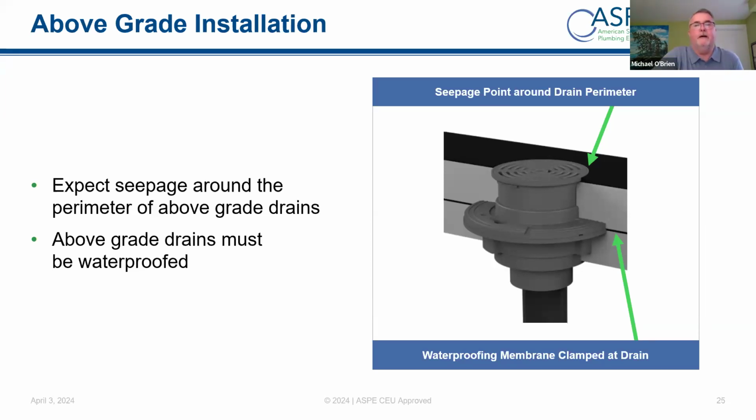If we look here at the drawing, we have a drain that's set in a floor. We have a top coating, we have the concrete, and then this black line is a waterproofing membrane. Often it's a sheet, but it could also be a liquid painted type of membrane, and then a clamp to hold that in place.